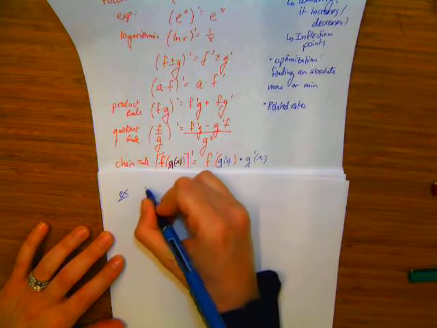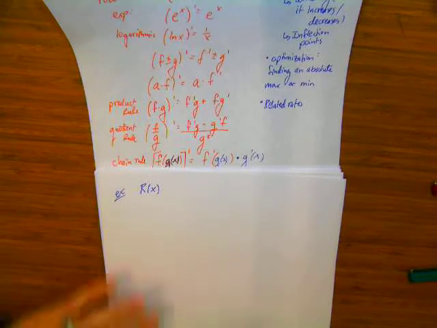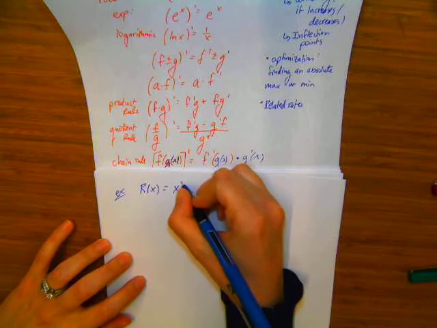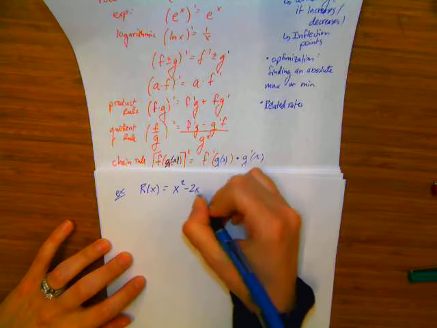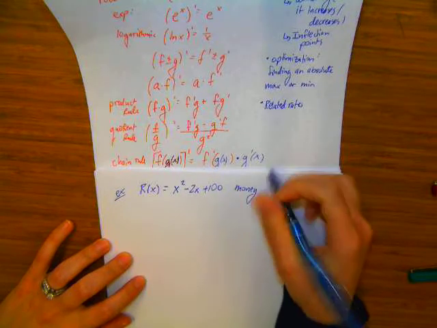Let's say we have our revenue, which we know depends on how much stuff we're selling, right? Our revenue is x squared minus 2x plus 100, right? The money brought in when we sell x units.